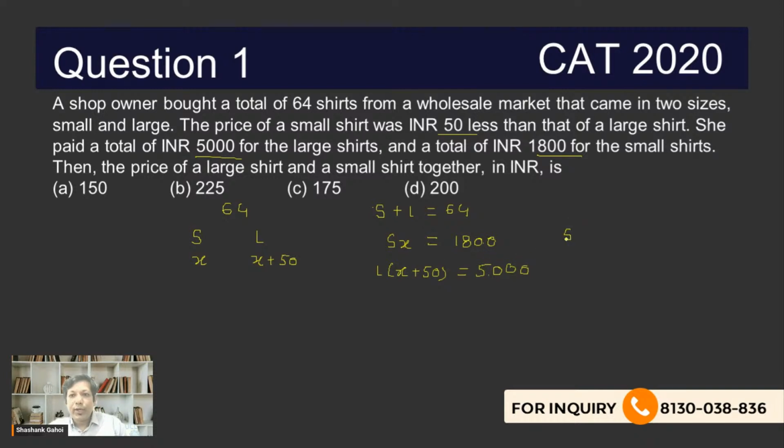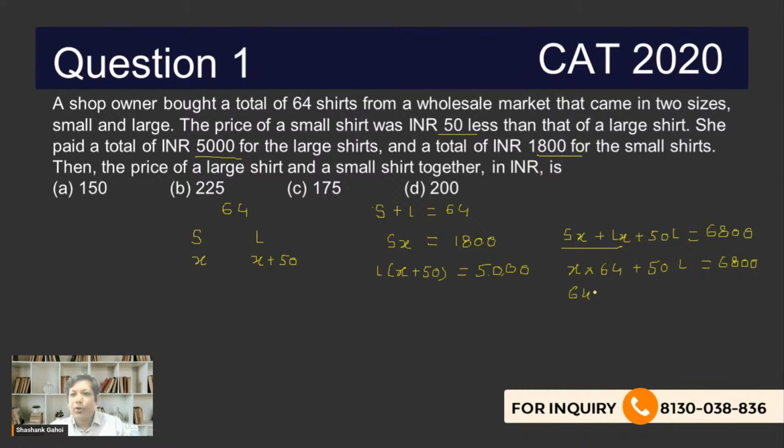So I'm going to get Sx plus Lx plus 50L, and that is equal to the summation of these two, 6800. S plus L comes out to be 64, so 64x plus 50L is equal to 6800. Am I getting something from this? I'm not sure I'm getting something or not.